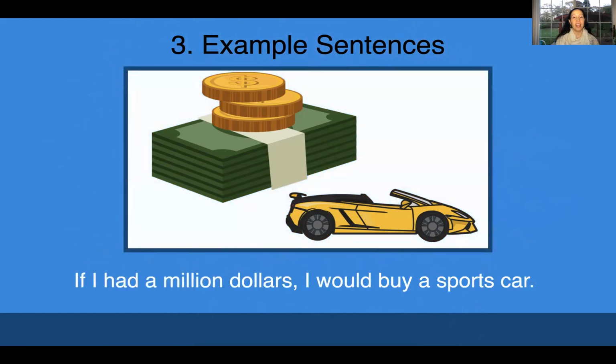If I had $1 million, I would buy a sports car. Okay, remember, this is unlikely. That's why it's a second conditional. Would you? What would you buy if you had $1 million? Tell me in your comments.